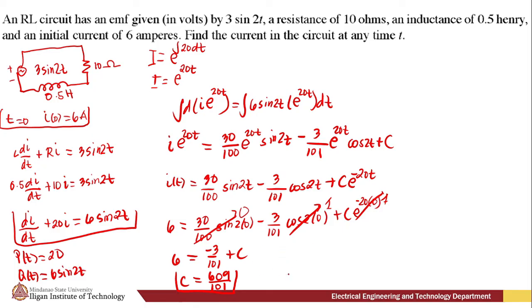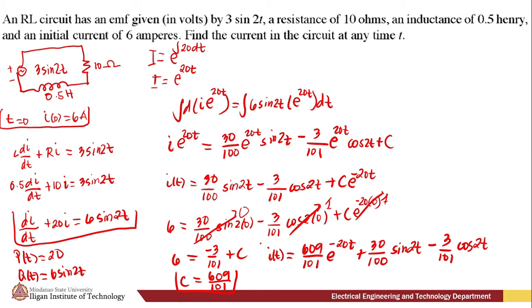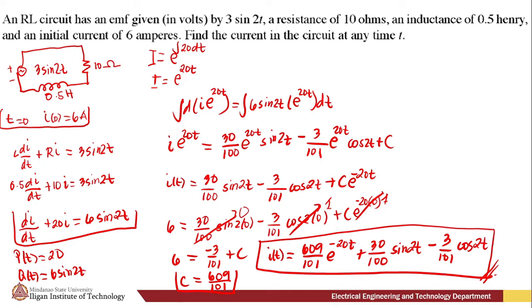So now the final answer for our current in the circuit at any time t is i(t) equals 609 over 101 e^(-20t) plus 30 over 101 sine 2t minus 3 over 101 cosine 2t. This is the final answer for our series circuit problem.